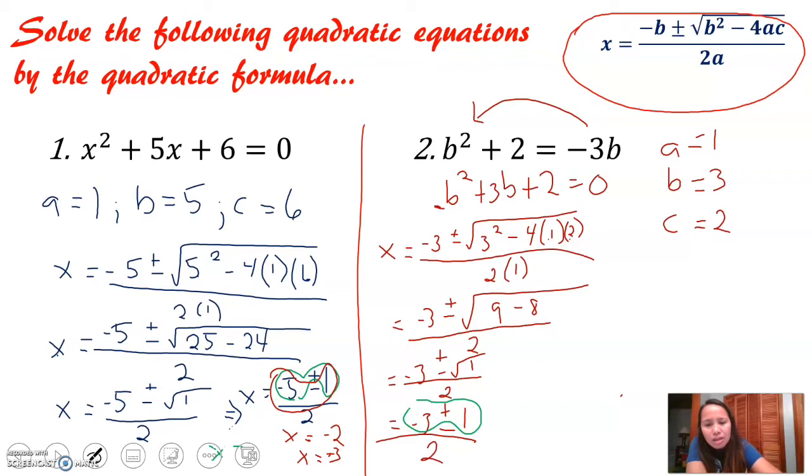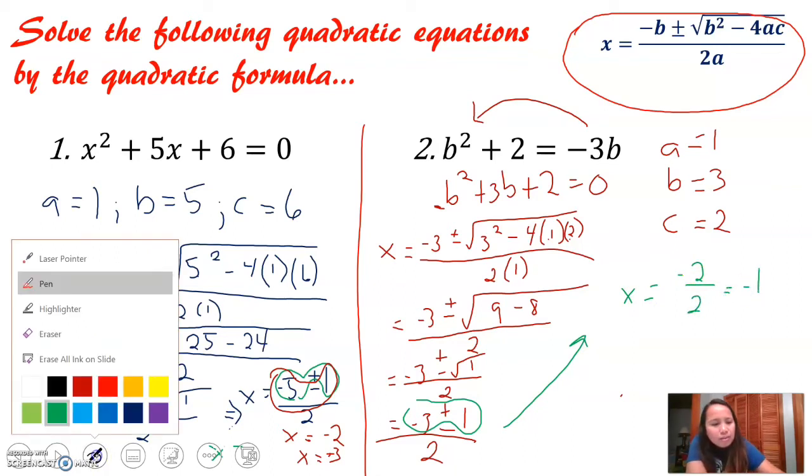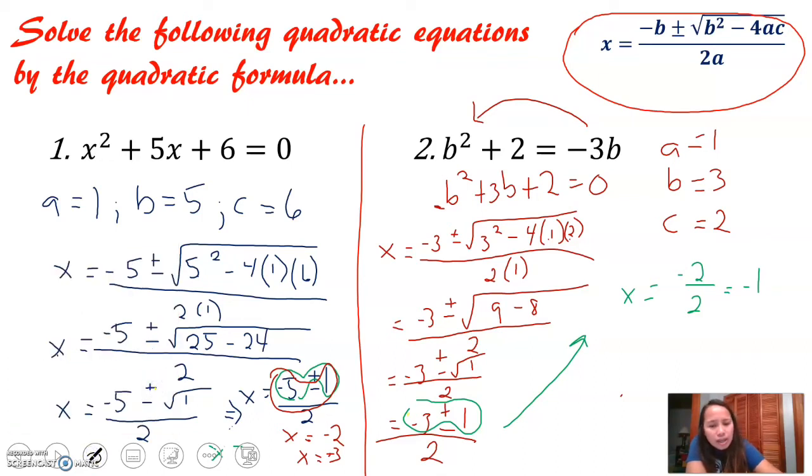That would give me x equals -2 over 2, which is -1. And the other one is -3 minus 1, which is -4 divided by 2, which is -2.